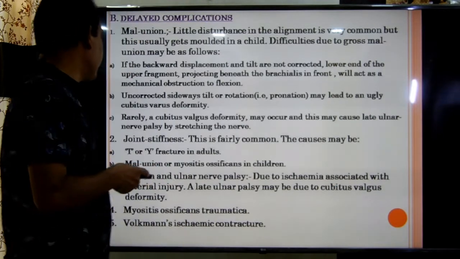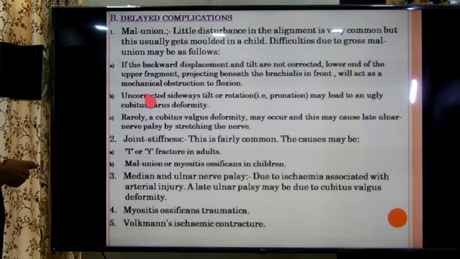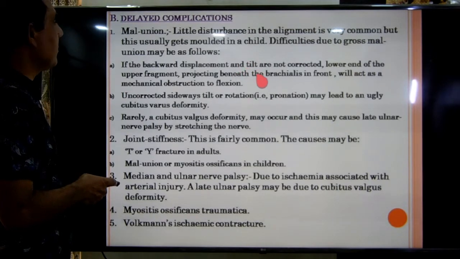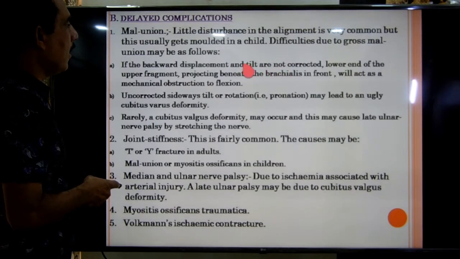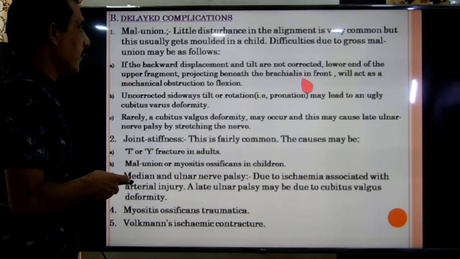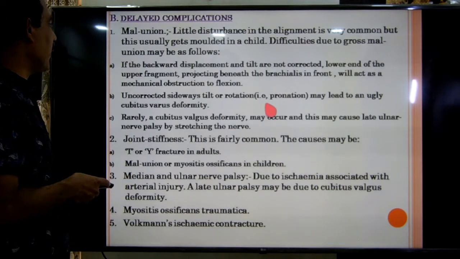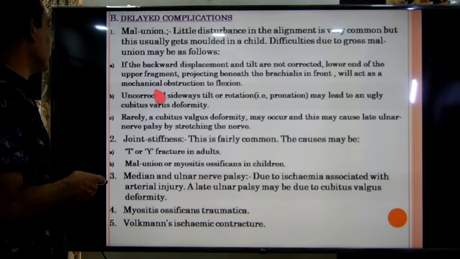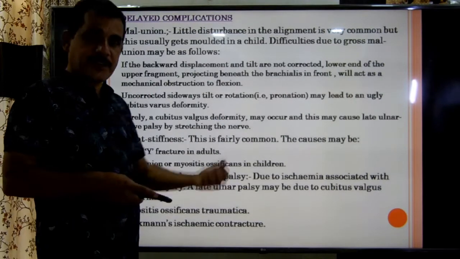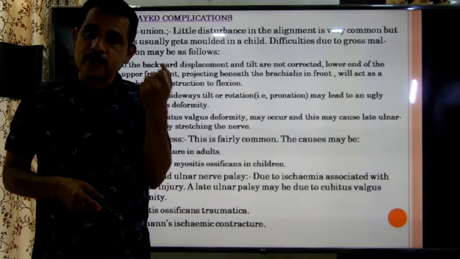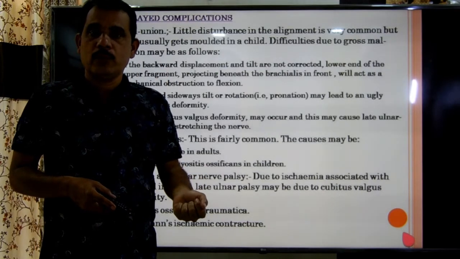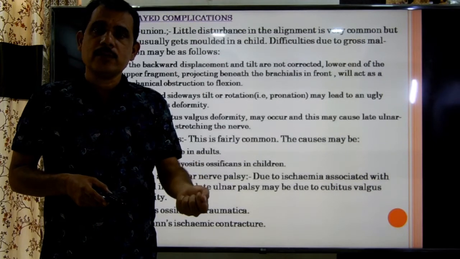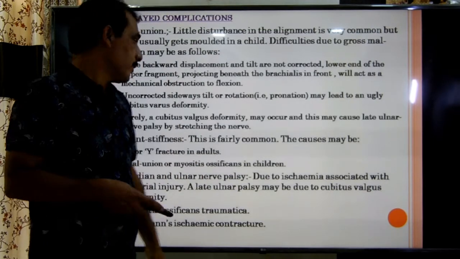Then, if the backward displacement and tilt are not corrected, the lower end of the upper fragment projecting beneath the brachialis in front will act as a mechanical obstruction to flexion. This means there is difficulty in the movements of the elbow. If the backward shift is not corrected properly, it will cause difficulty in flexion.